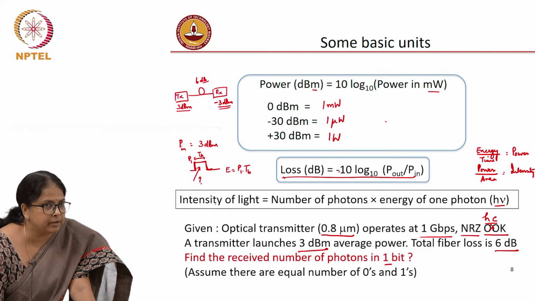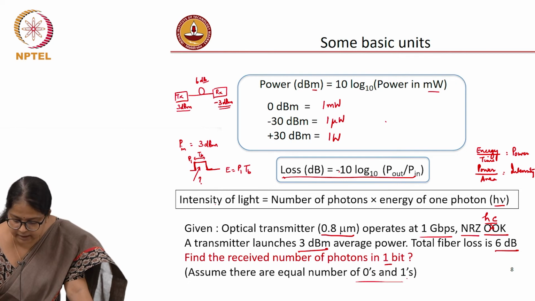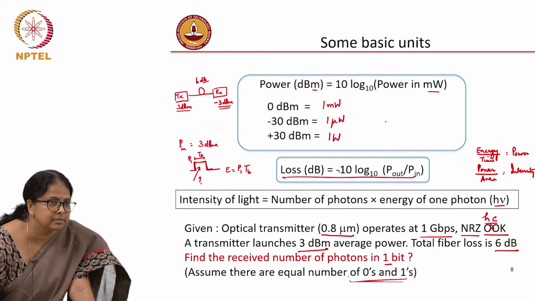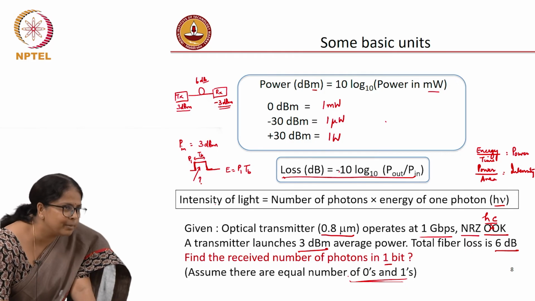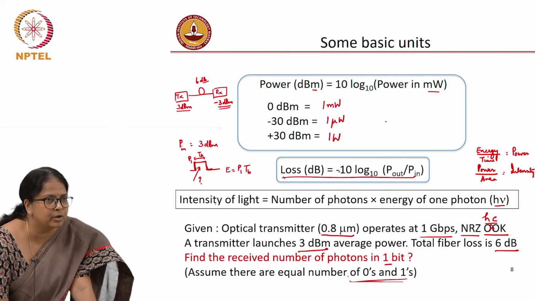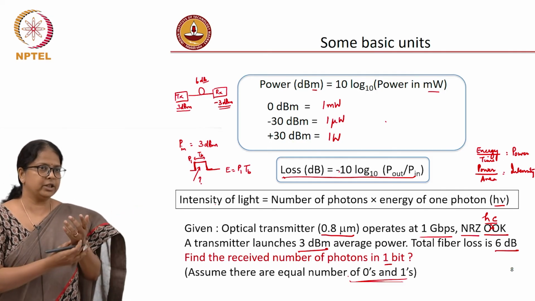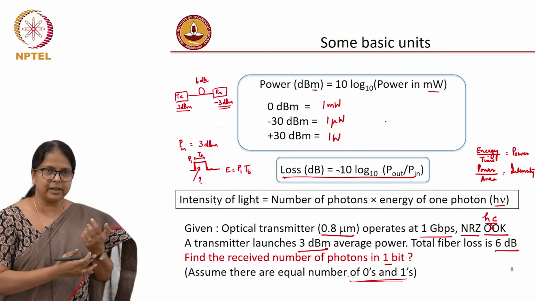But I don't know P1, the peak power, I know only the average power. But I already gave you the information that in a typical communication system, the number of zeros and the number of ones are randomly distributed, and so they are equal. If you have equal number of zeros and ones, then over a total duration of time, half the time it is 1 and half the time it is 0.